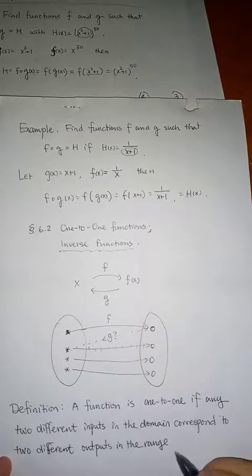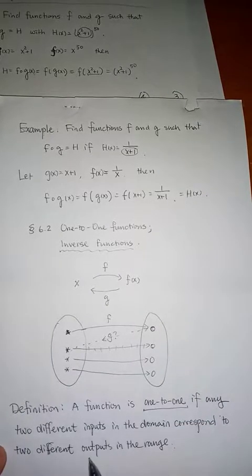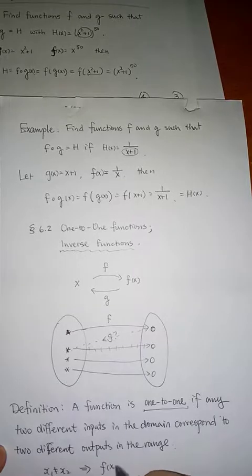Okay, so this is a definition of a one-to-one. Different input gets a different output. What is different input? If x1 is not equal to x2, then it implies f(x1) is not equal to f(x2). Okay, different input implies different output.